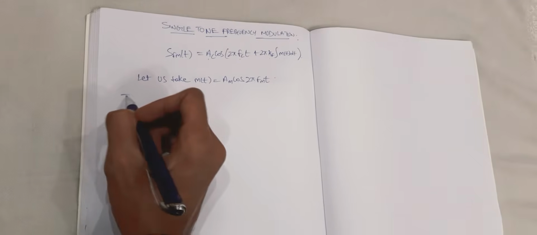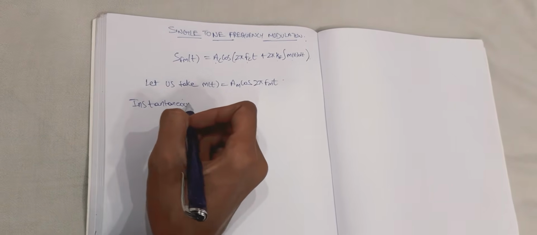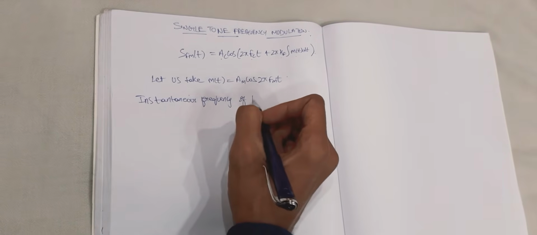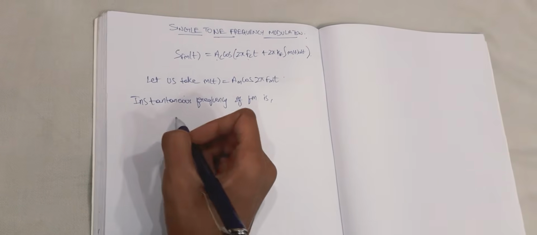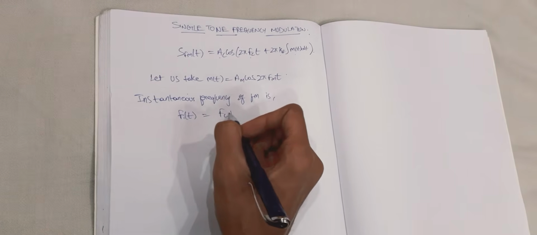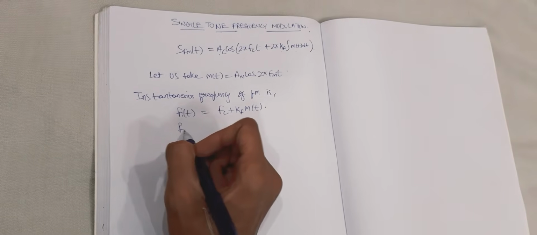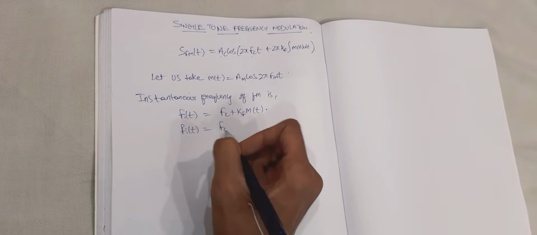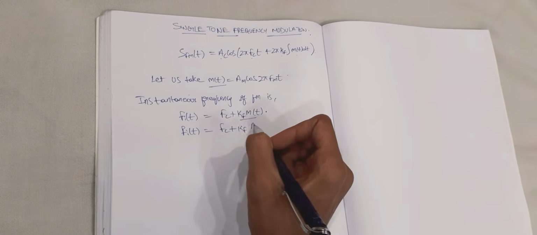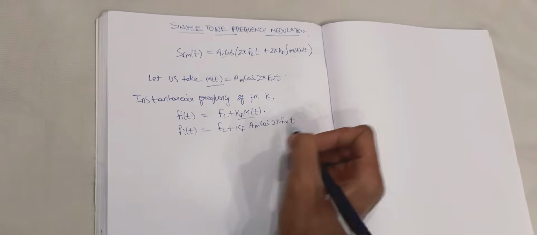Now we know that the instantaneous frequency of the frequency modulated wave is fi(t) equals fc plus kf into m(t). Substituting m(t) here, we get fi(t) equals fc plus kf Am cos(2 pi fm t).